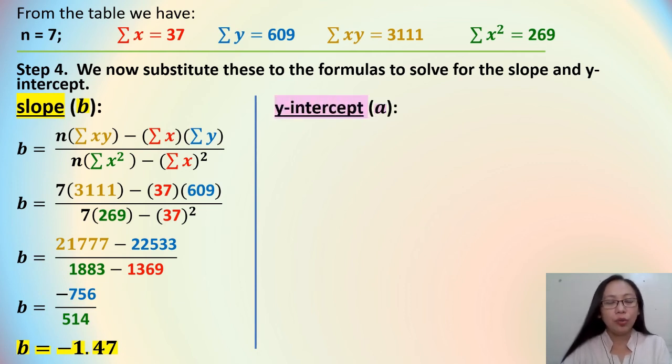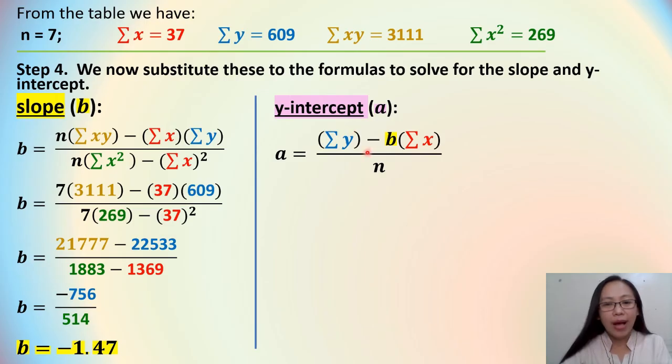Now we proceed to the y-intercept, which is represented by a. We have this formula. A, or the y-intercept, is equal to the summation of y minus b, which is the slope, times the summation of x, all over n.